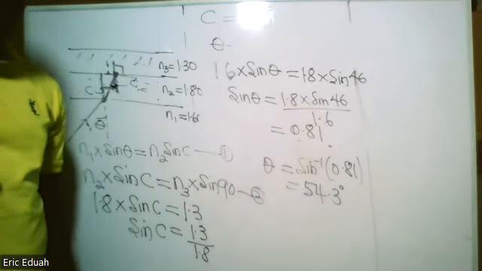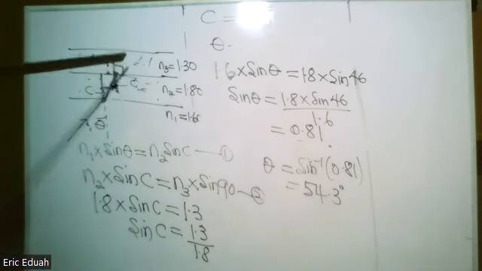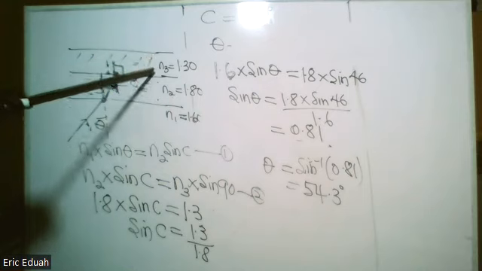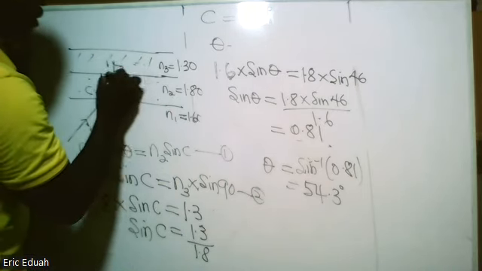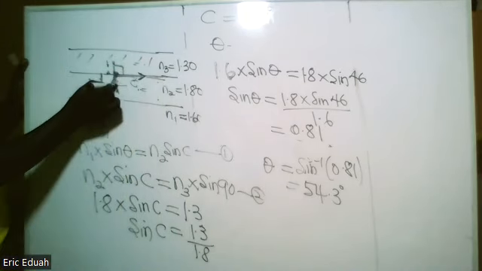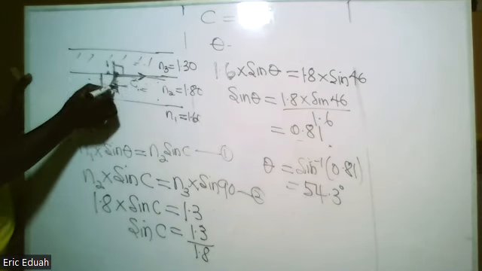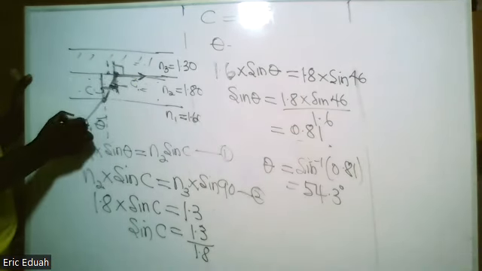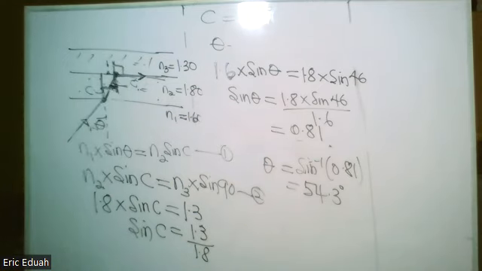Please look at it carefully. As of now, the light in material 3 is on the boundary because this is the critical angle. Now, if theta is decreased, would there be refraction of light in material 3?